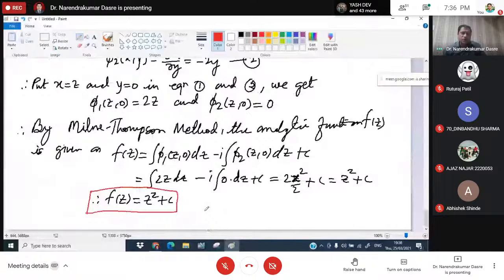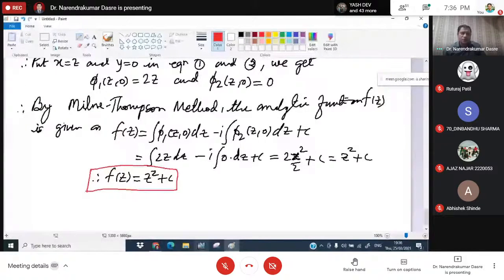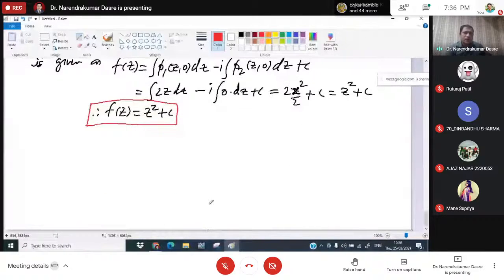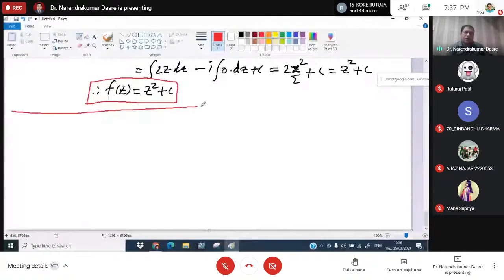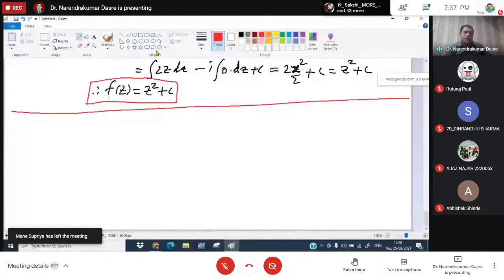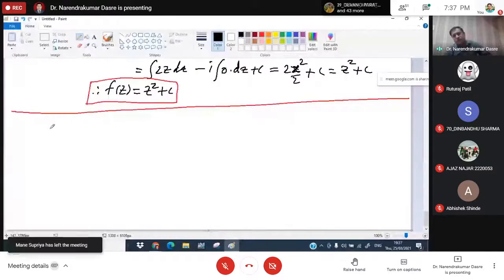So here, if we consider that I have a similar type of problem, and I want to find out the analytic function. Suppose the real part is given: u is equal to x cube minus 3xy square is the real part.